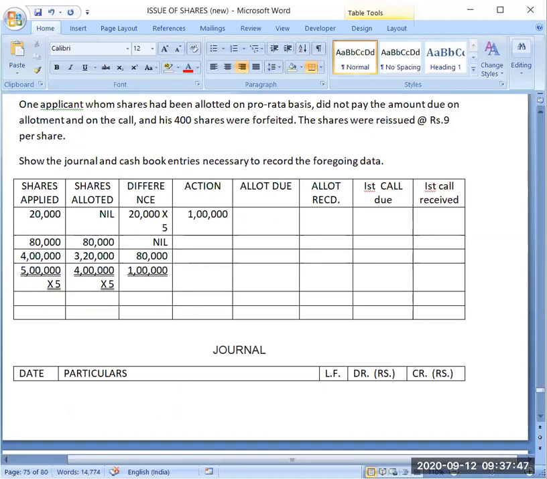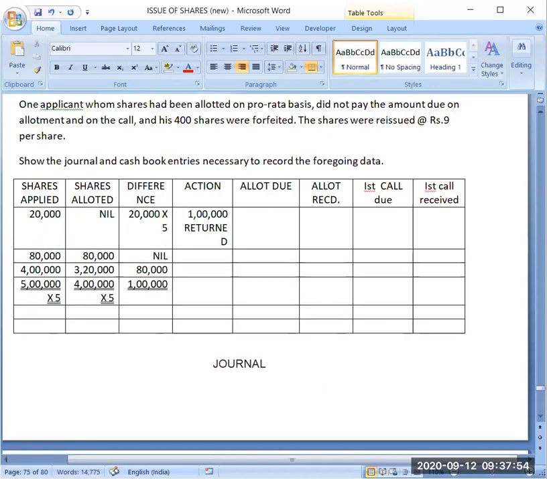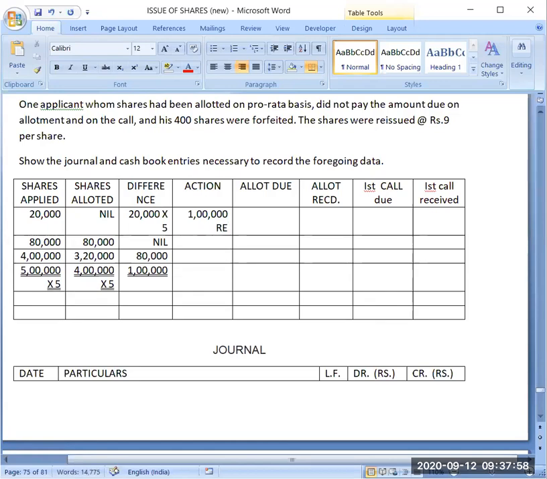As I have not allotted them any share, this amount will be returned. Then no action is required there because no excess is there.